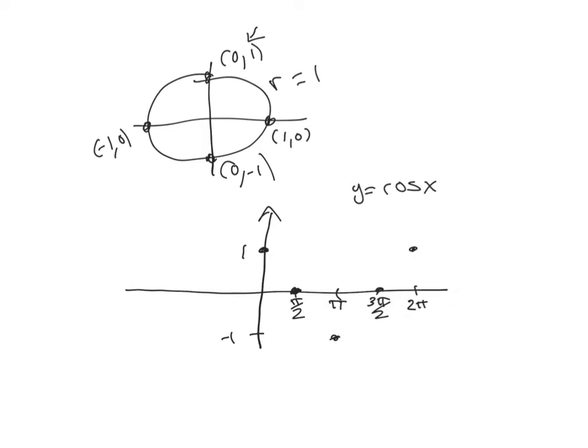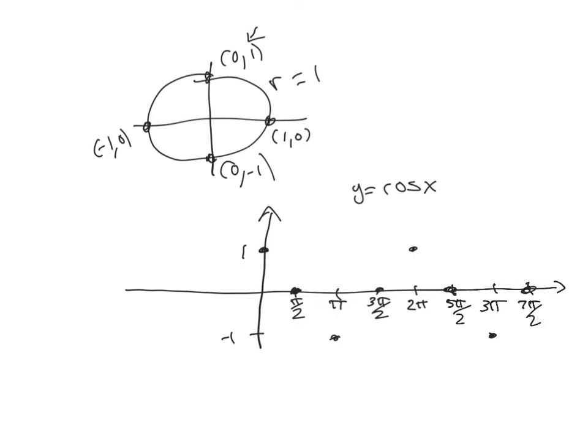And then continuing in this positive angle direction, continuing around the circle, I've got 5 pi over 2, I'd be at 0. 3 pi, I'd be at -1, and then 7 pi over 2, sorry, I'm back at 0.